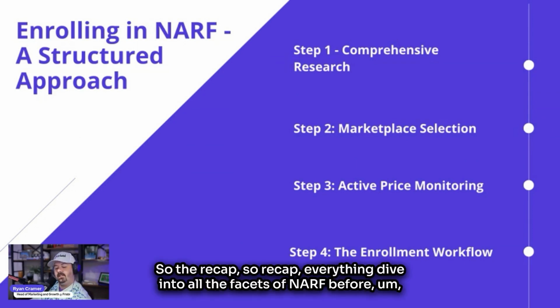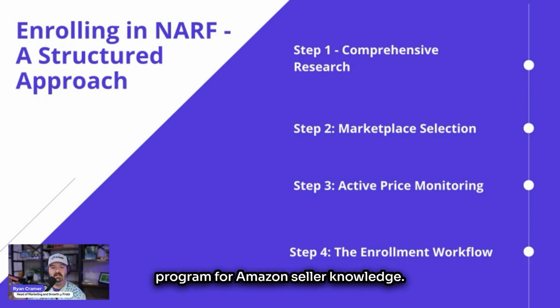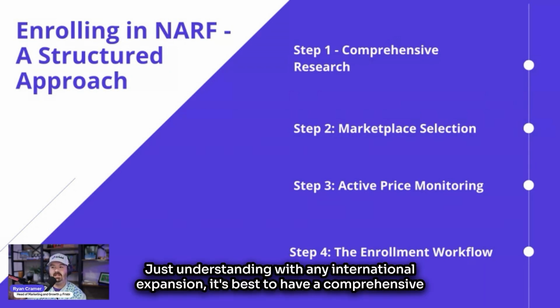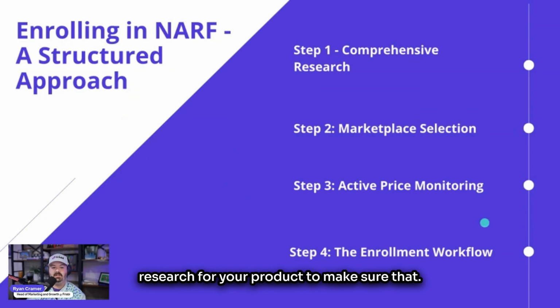So, recap everything. Dive into all the facets of the NARF program for Amazon seller knowledge. It's your best ally. So just weaponize yourself with all this information you know about NARF. However, understand that with any international expansion, it's best to have comprehensive research for your product to make sure that your product is going to be successful.